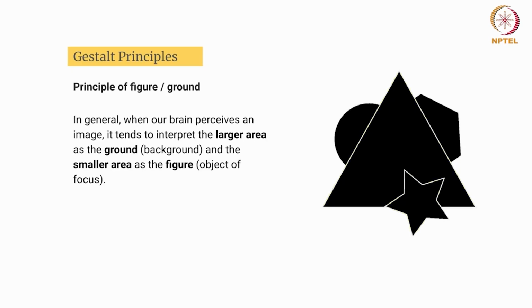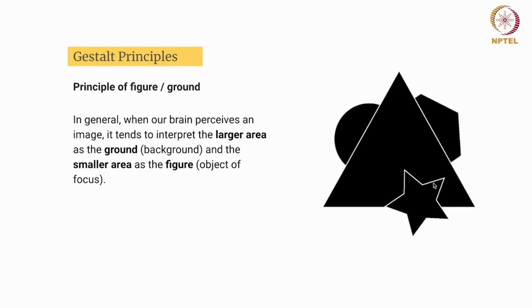In general, when our brain perceives an image, it tends to interpret the larger area as the ground, that is the background, and the smaller area as the figure. Although in the original set, when I extracted it, the triangle is not from the base layer. In fact, it is the circle, or maybe the irregular pentagon, that was in the base layer. But since the triangle is bigger in shape, our brain has perceived it to be in the background.